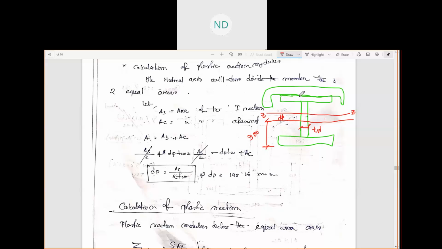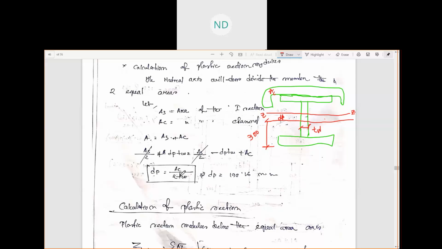Then at the top portion, the area is half of the I section's area, As by 2, minus dp into tw, because we have already taken this from the bottom, plus this one, AC, the area of the channel section.